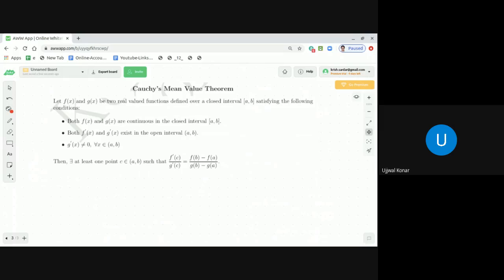If you see, dear students, in the previous two theorems we discussed only one function, that is f(x). But in Cauchy's mean value theorem we are dealing with two functions, one is f(x) and the other one is g(x). So let f(x) and g(x) be two real valued functions defined over a closed interval a comma b, satisfying the following conditions.